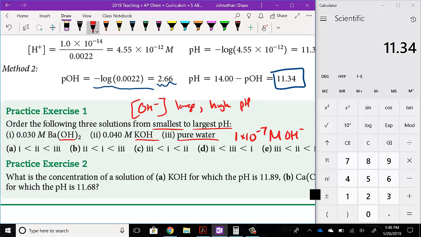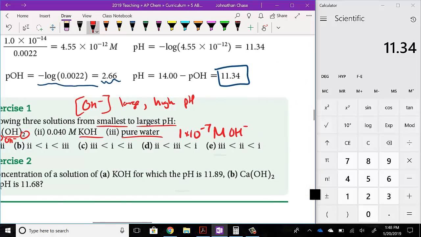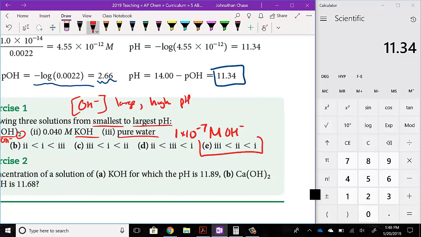Next thing to consider is which one has more hydroxide, a 0.04 molar KOH or a 0.03 molar barium hydroxide. Well, since we have 2 hydroxide ions in barium hydroxide, we must double the concentration here, and it becomes 0.060 molar hydroxide concentration. So the largest concentration is in 1, the smallest is in 3. Our order is 3, then 2, then 1. And that's what we see here in E, 3, then 2, then 1.